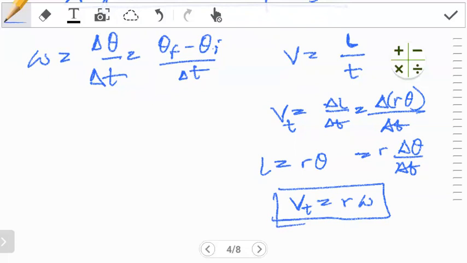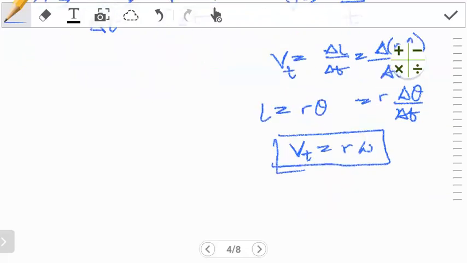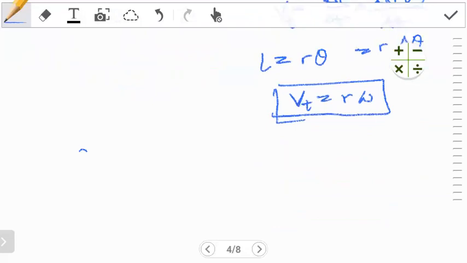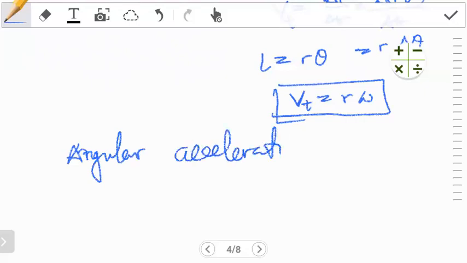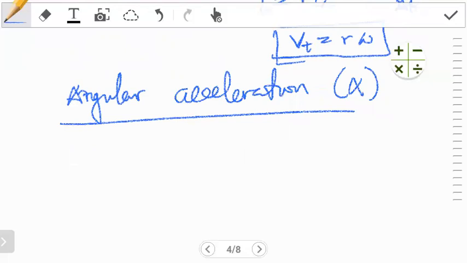Now, let's quickly look at angular acceleration. When it comes to angular acceleration, the symbol we're going to use is alpha. Just as we saw for angular velocity, the relationship is very striking.